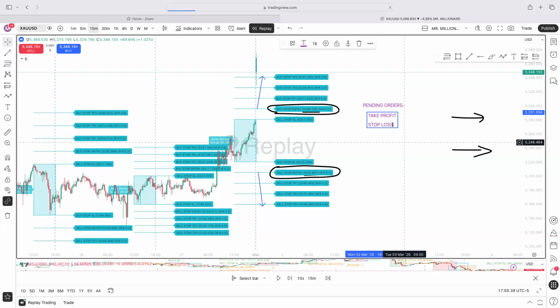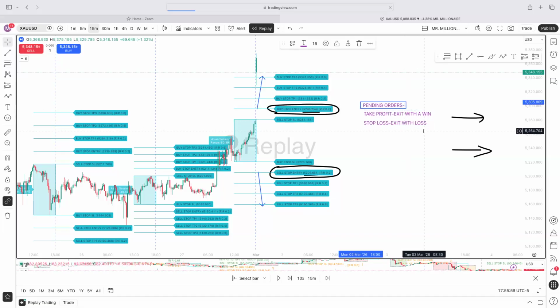So exit with loss, and then take profit is going to be exit with a win. Super simple. And then the pending orders are going to be literally buy stops or sell stops.